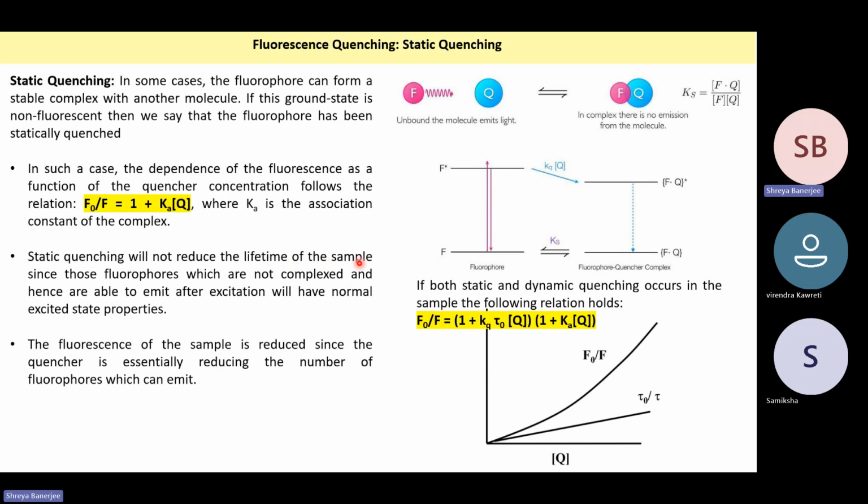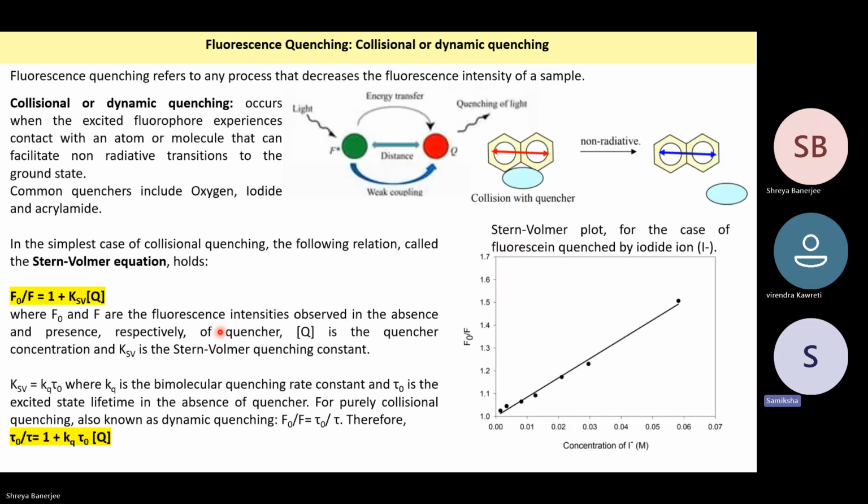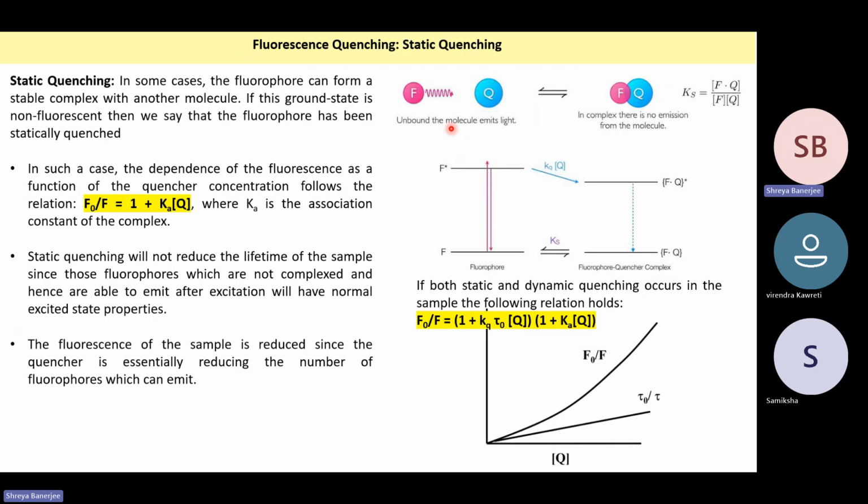Static quenching will not reduce the lifetime of the sample since, in static quenching, there is an equilibrium, as you can see here: some of the fluorophores will form the complex, some will not. The ones which are not forming the complex will still have the same lifetime.